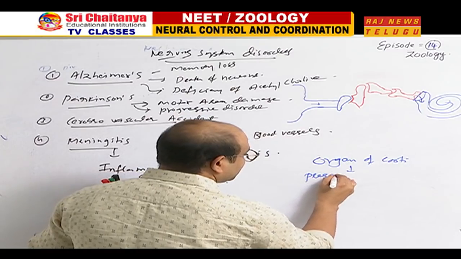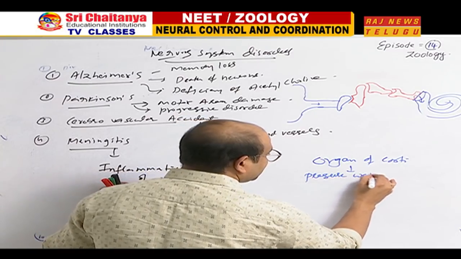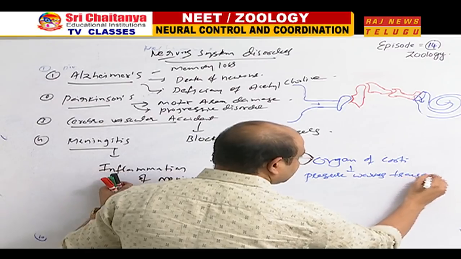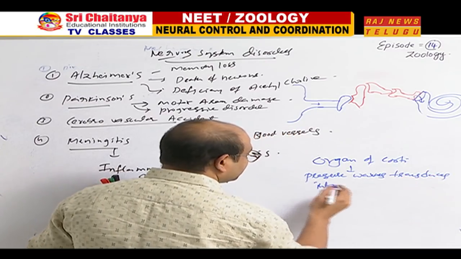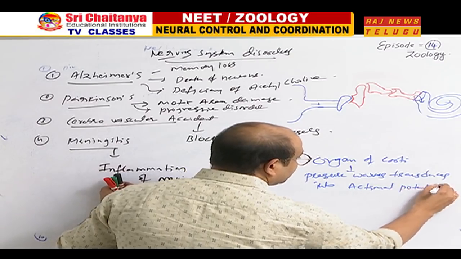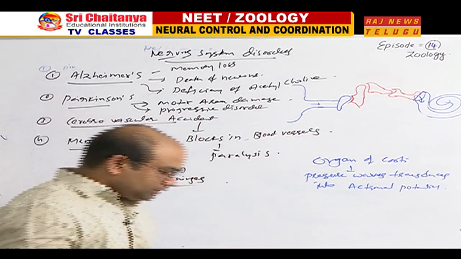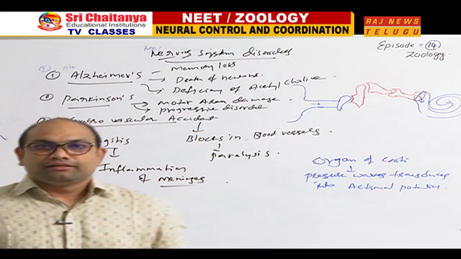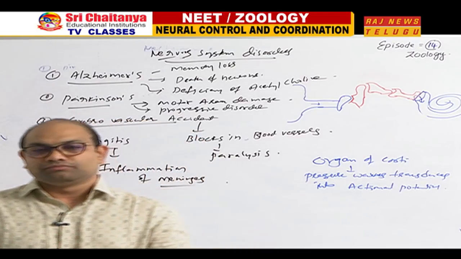Pressure waves transduce into action potential. That action potential will go to the primary auditory area of the brain through the cochlear nerve.